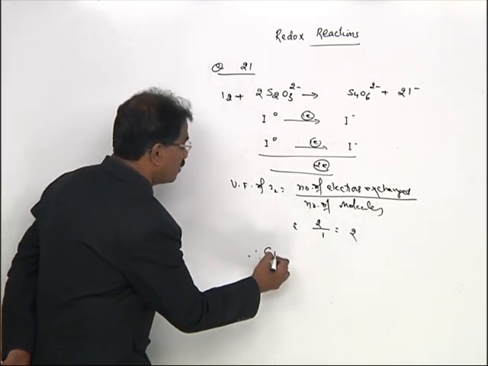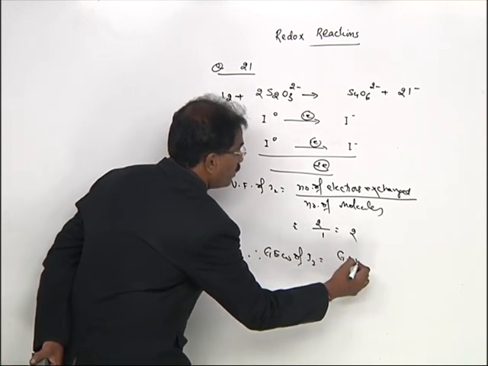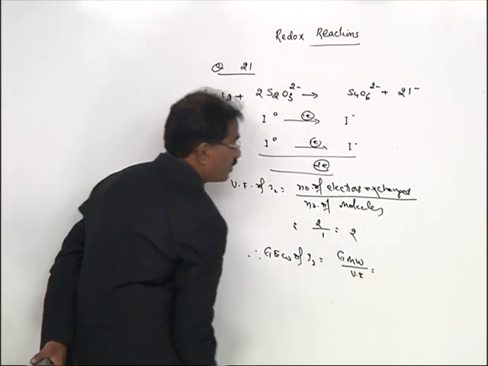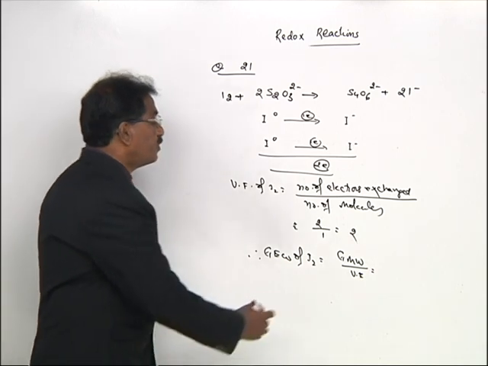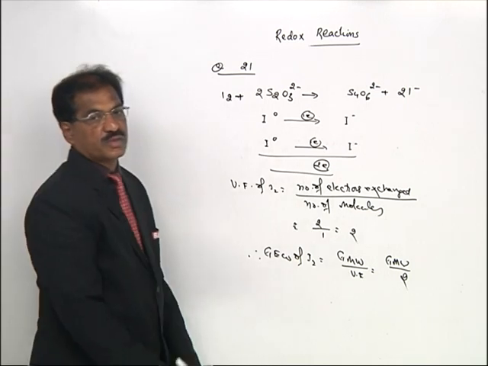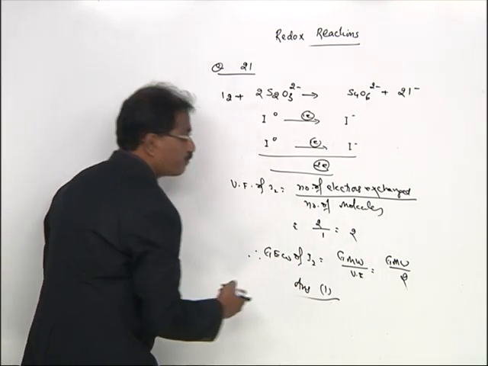Therefore, gram equivalent weight of iodine is gram molecular weight by valence factor. So now identify the option where gram molecular weight by valence factor 2 is shown. In the first option it is shown, therefore the answer is 1.